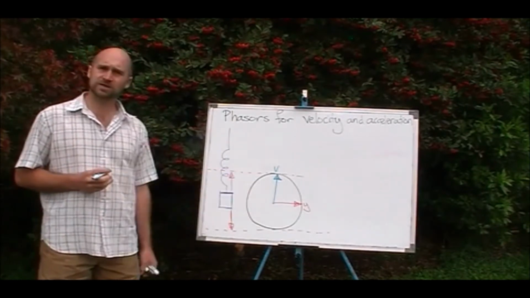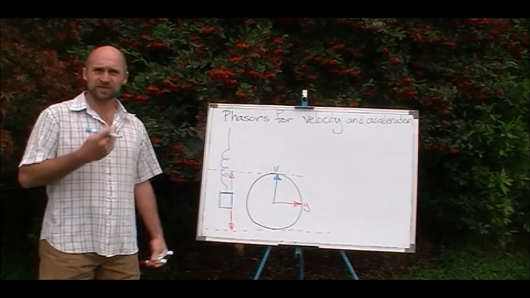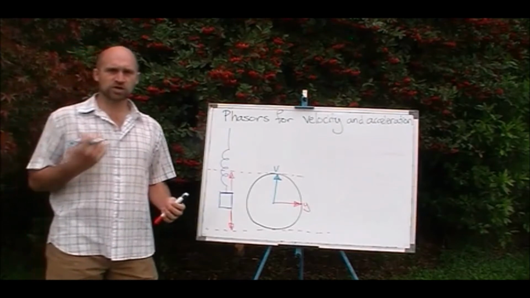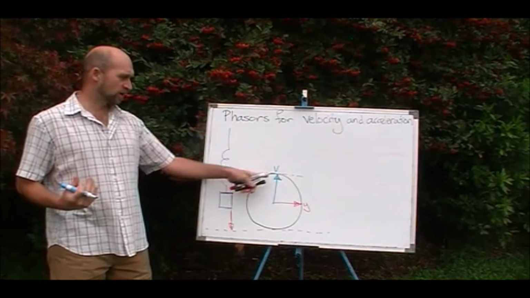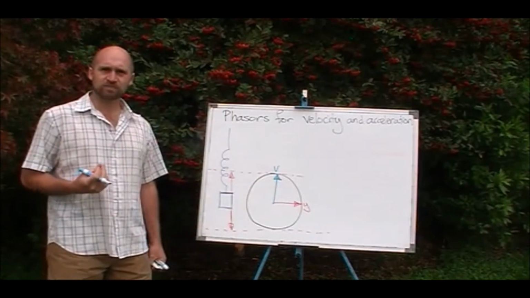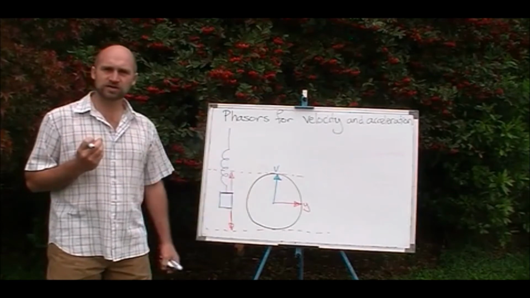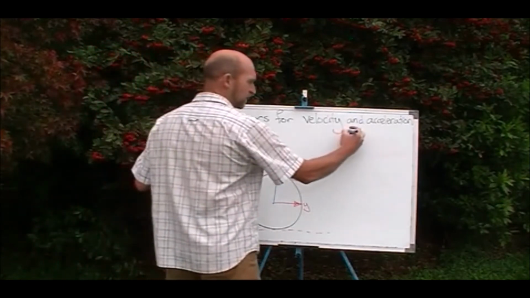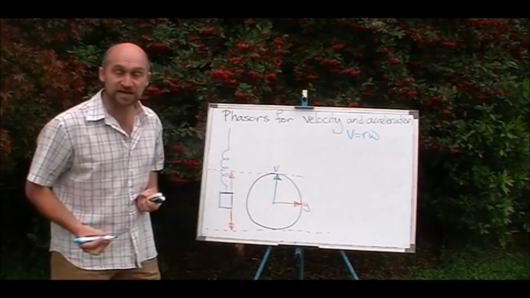We can work out the length of that velocity phasor because we know that there's an equation for moving between rotational motion and linear motion, and we're trying to model the instantaneous velocity of a point on the circumference of the circle, and so we can use the equation v is r omega.